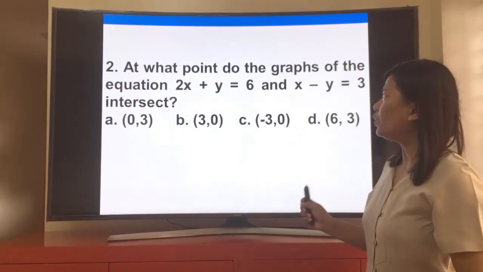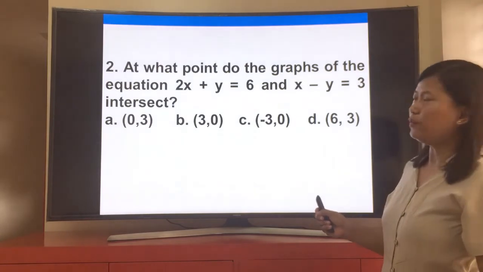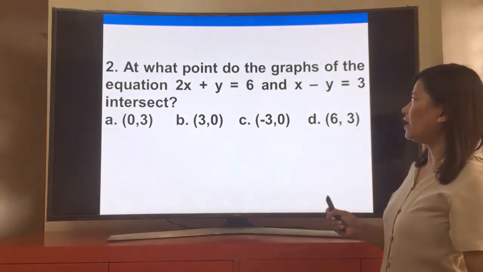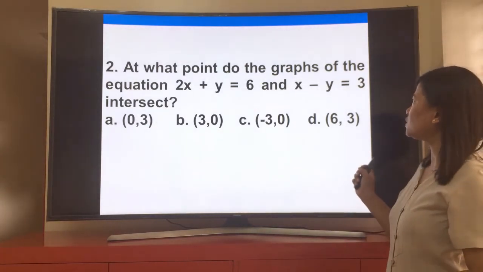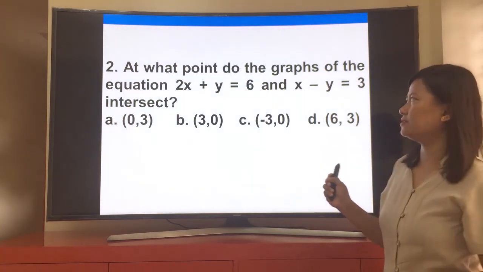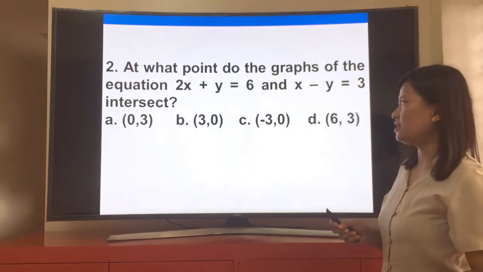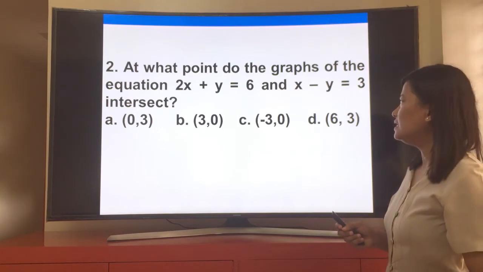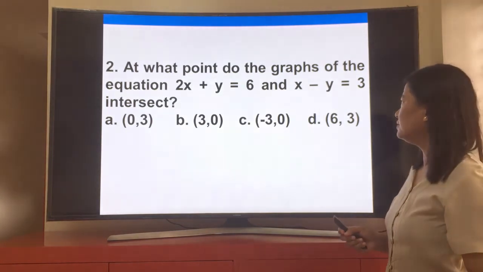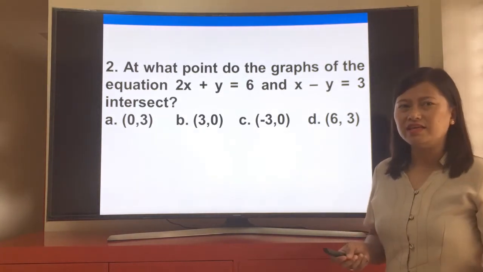Number 2. At what point do the graphs of the equations 2x plus y equals 6 and x minus y equals 3 intersect? A. 0, 3. B. 3, 0. C. Negative 3, 0. And D. 6, 3.